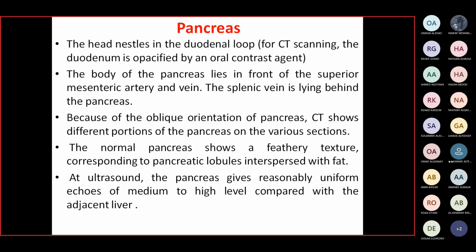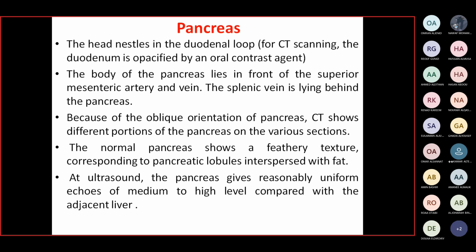To differentiate between the duodenal loop and the pancreas, you have to give the patient contrast orally to opacify this duodenum, to make the duodenum separate in the image from the pancreas.